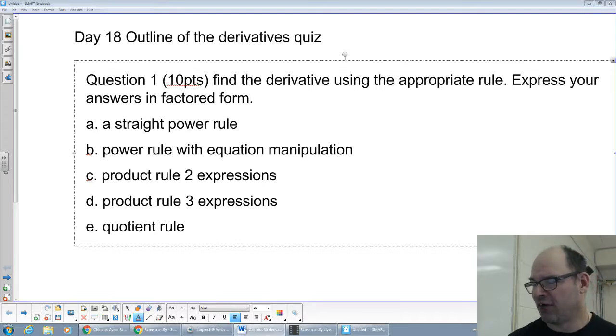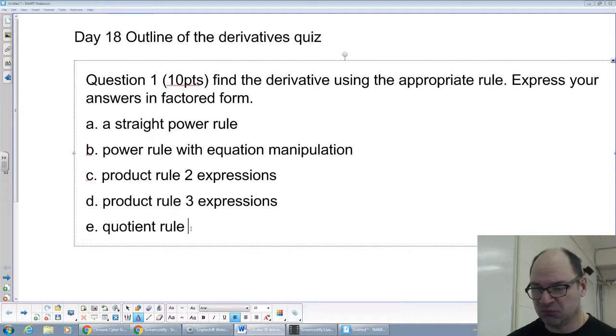So there are 5 derivatives there: 2 power rule ones, 2 product rule ones, and a quotient rule one. All of them you're just going to use the first step and then leave it in factored form. You don't have to rearrange, expand, or reduce, other than real simple reducing. Sorry, guys. So that was the first question on the quiz.